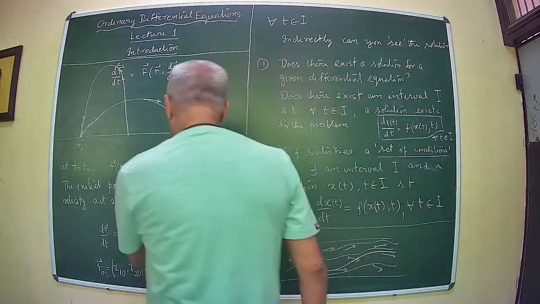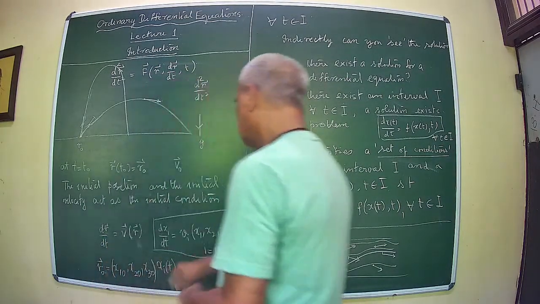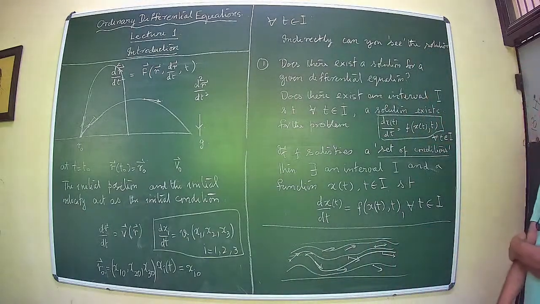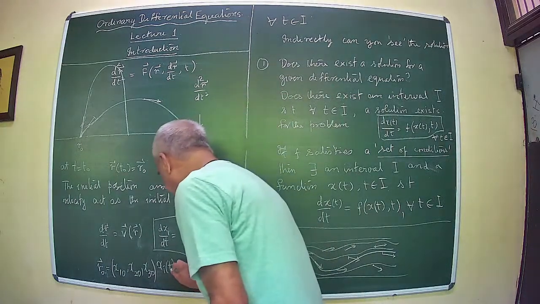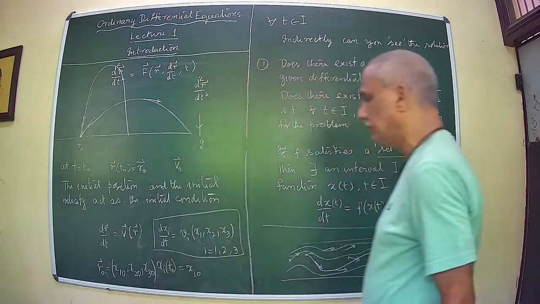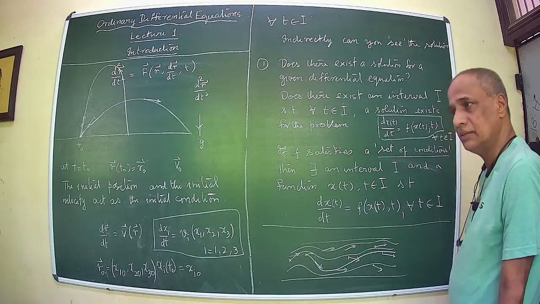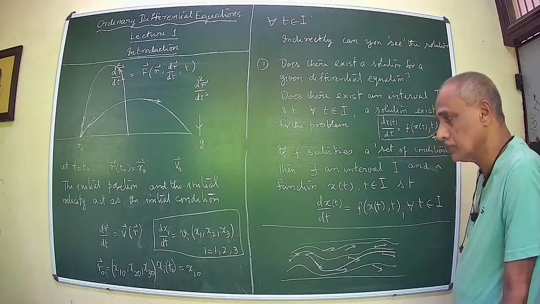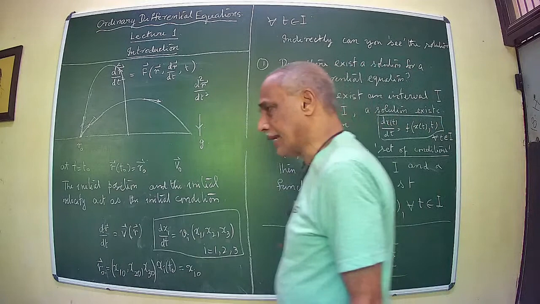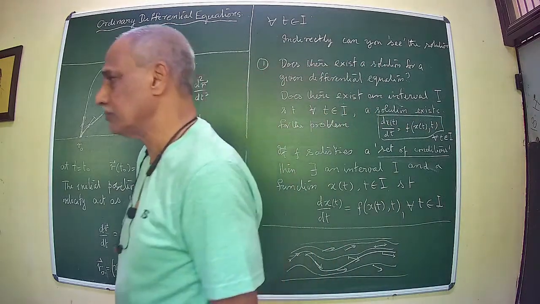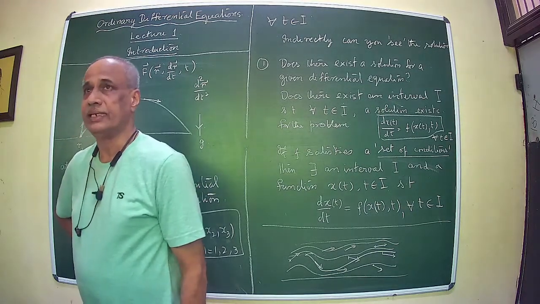Then you have to solve this system of equations with the initial data, that x_i at time t equal to t naught, that is the initial time, equals x_i naught. So you are starting from the point r naught at the time t naught, and then you are asking where you would reach at time t.